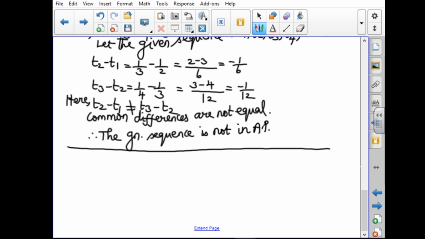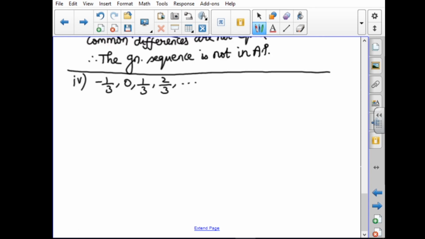So next, for the third sum, take it as a homework sum. Fourth one. The same method you proceed and find out whether it is an AP or not. Fourth sum, I take the fractions minus 1 by 3, 0, 1 by 3, 2 by 3, etc. So same procedure.